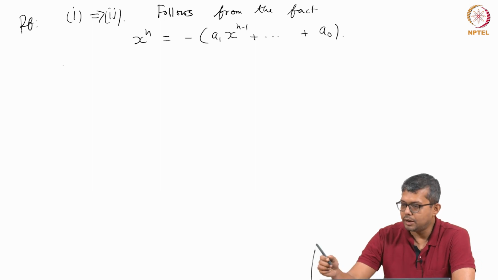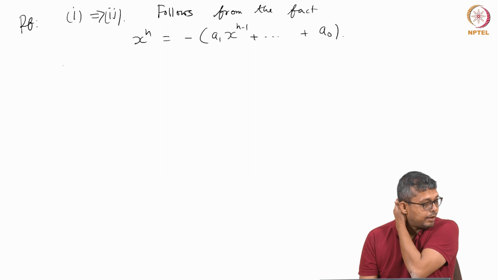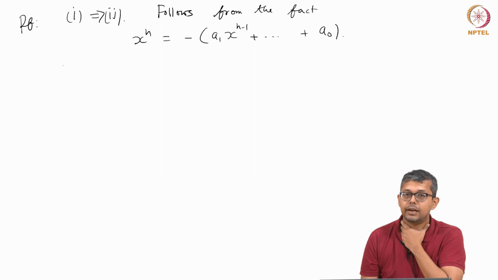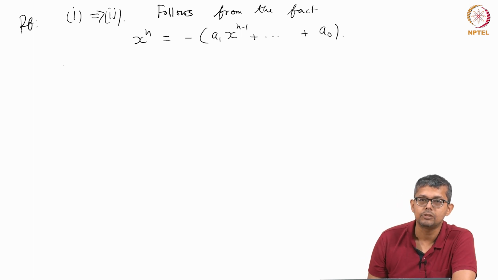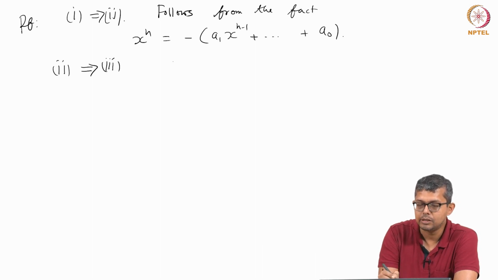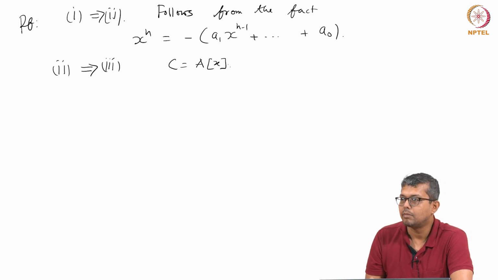Now what is the next one? The next one says that there exists a finitely generated A module C such that C contains A[x]. You know A[x] is finitely generated already, so you take C to be A[x]. Basically, in the second statement you are saying that the entire A[x] is generated by 1, x, x squared up to x to the n minus 1.